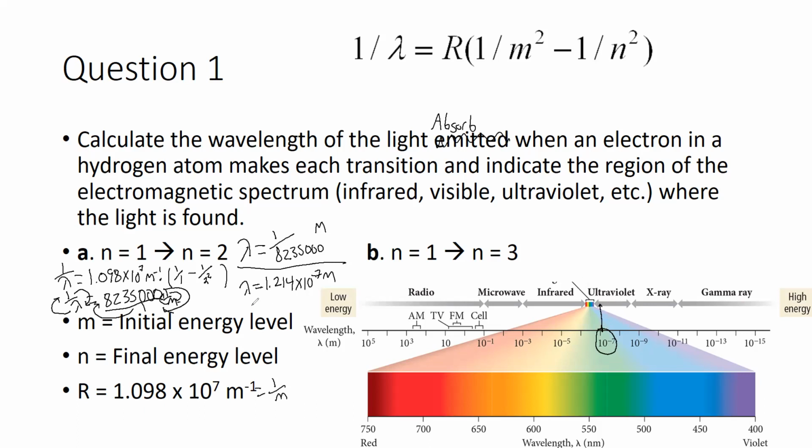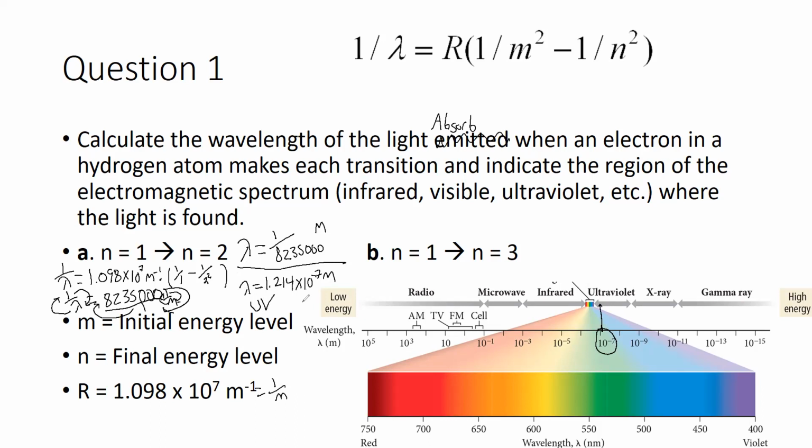So for the hydrogen atom, if I want to go from the first energy level to the second energy level, I have to shoot my hydrogen atoms with UV light that is exactly this wavelength. That's what this equation says.